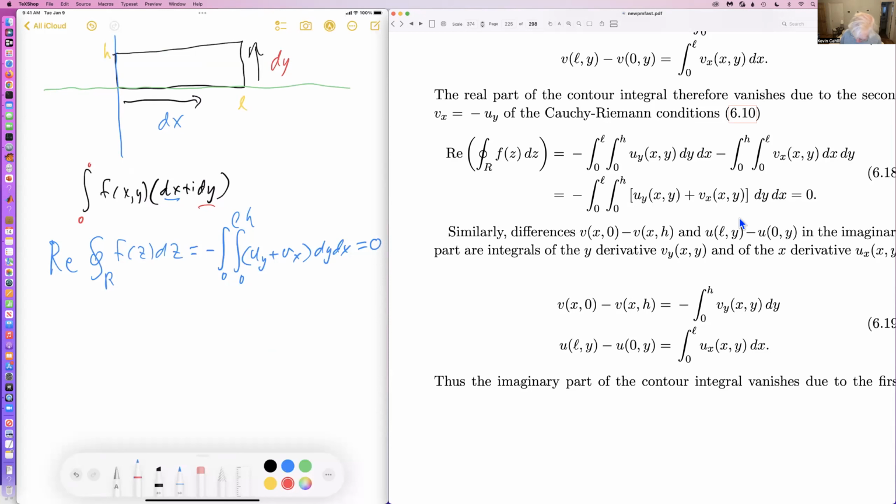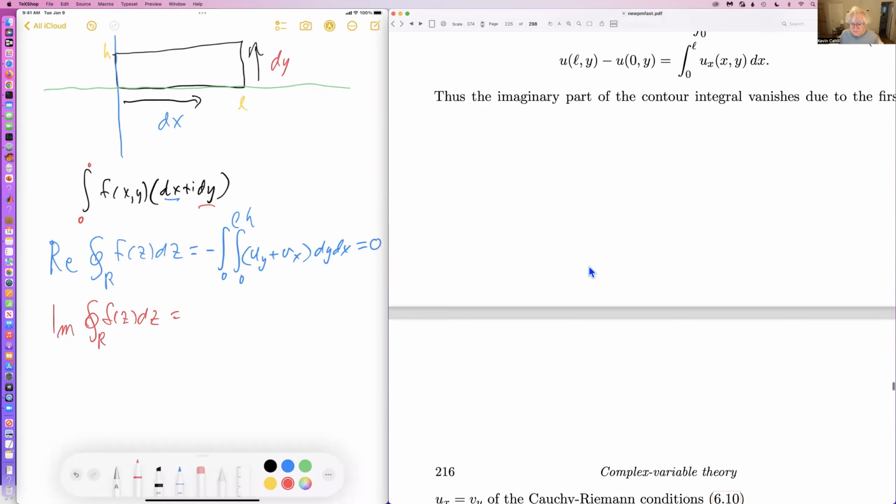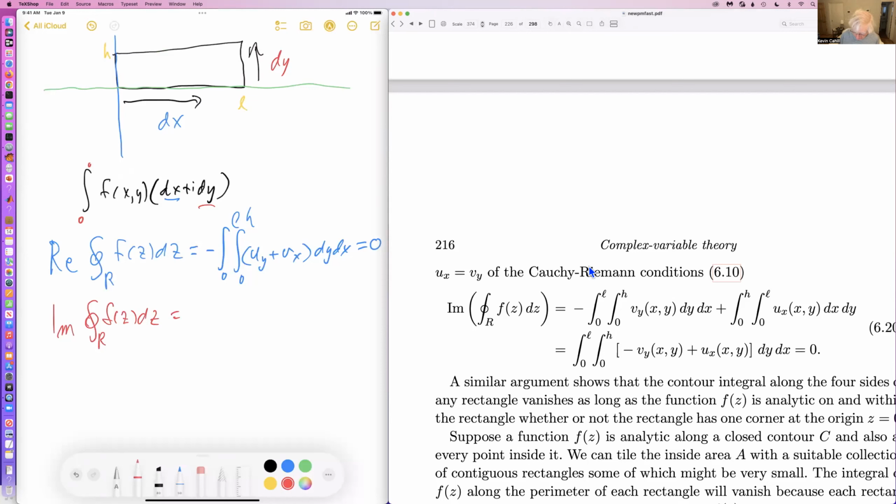And we found that the imaginary part of this integral was over here. It was again the integral 0 to L, integral 0 to H, and now it was minus v sub y plus u sub x dy dx.